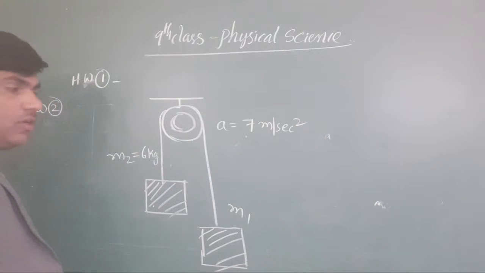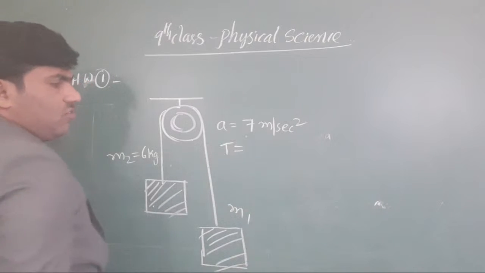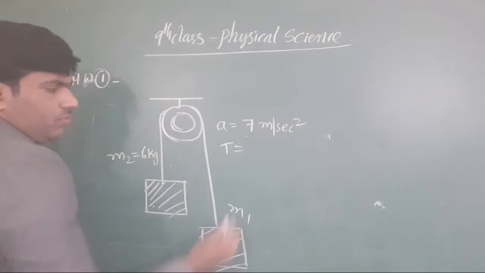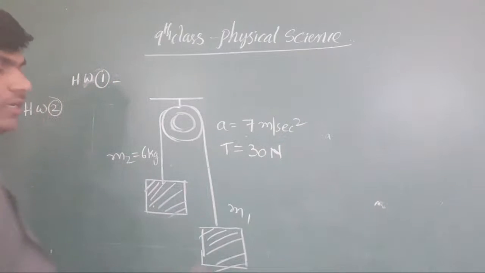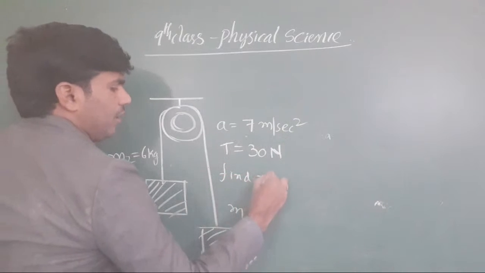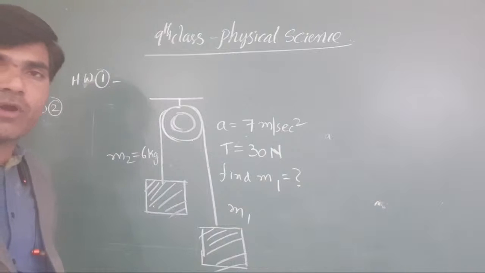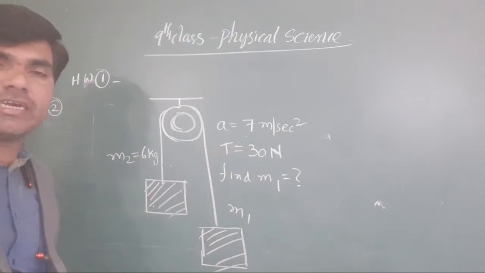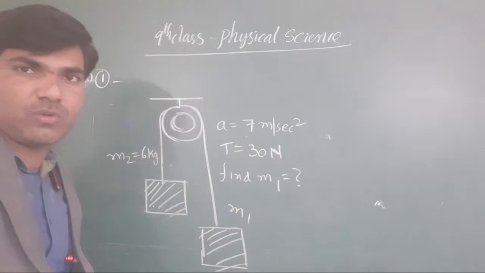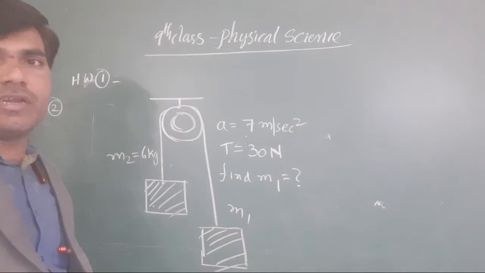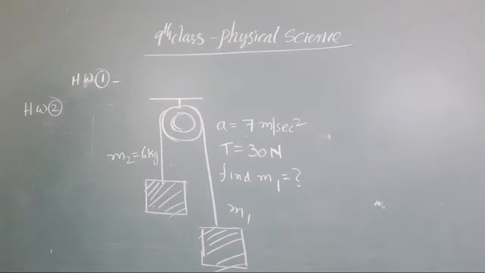And the tension in the string is taken as 30 newtons. Find M1. Got it? Use the formulas we have: A is equal to the formula, and T is equal to the formula; substitute in those and we will get it. Clear, all the students? This is the third numerical problem on the Atwood machine.